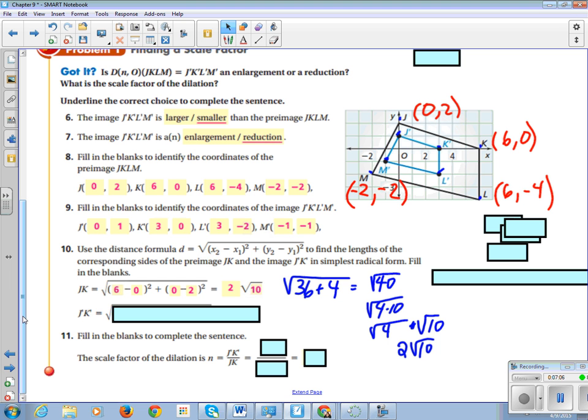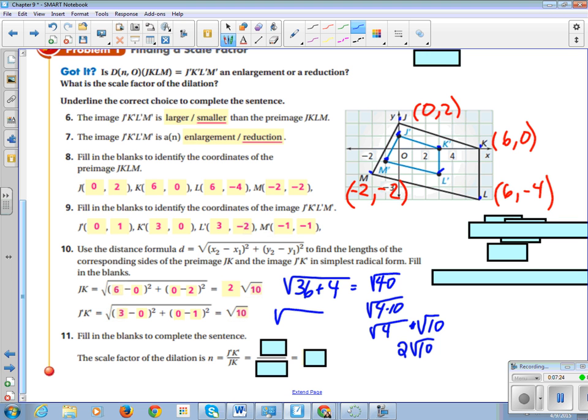So let's look at J prime, K prime. We're going to do the same distance formula. So we're going to subtract the x's. So 3 minus 0 squared, and then 0 minus 1 squared gives us 9 plus 1, which is square root of 10. All right.